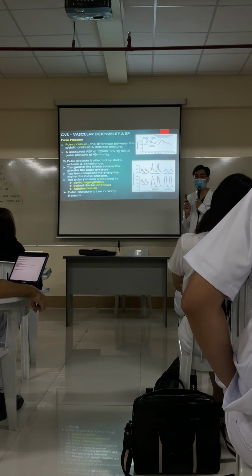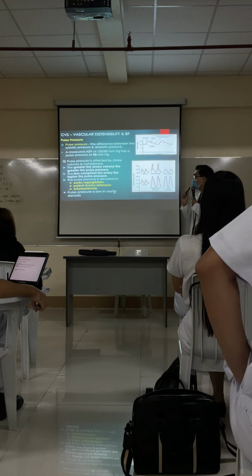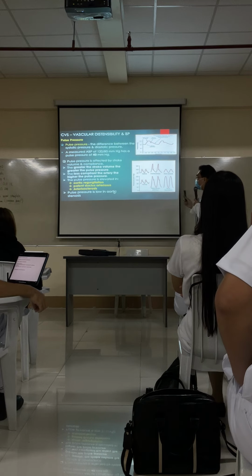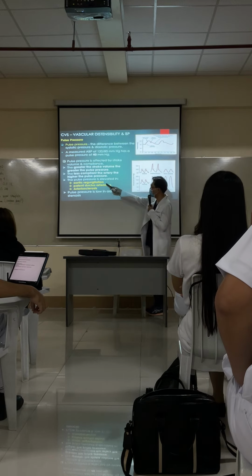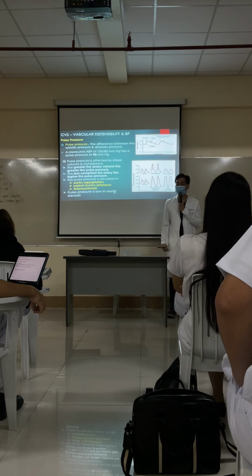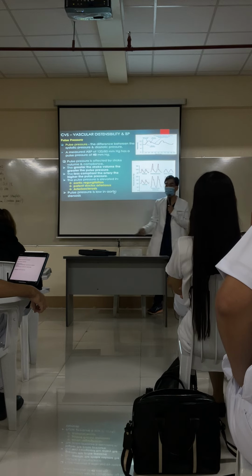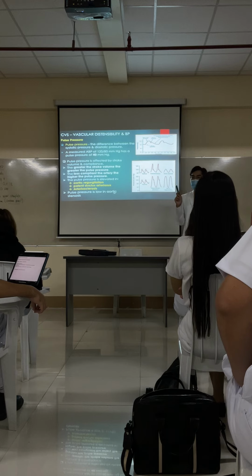Oh my God, alam niyo kung anong pang-apat? Sepsis. By experience, I know AR has a high pulse pressure kasi ang BP nila mataas, at sobrang baba ng diastolic pressure.